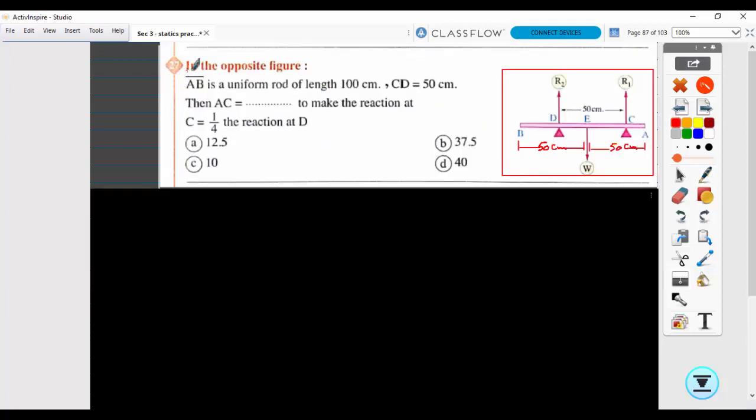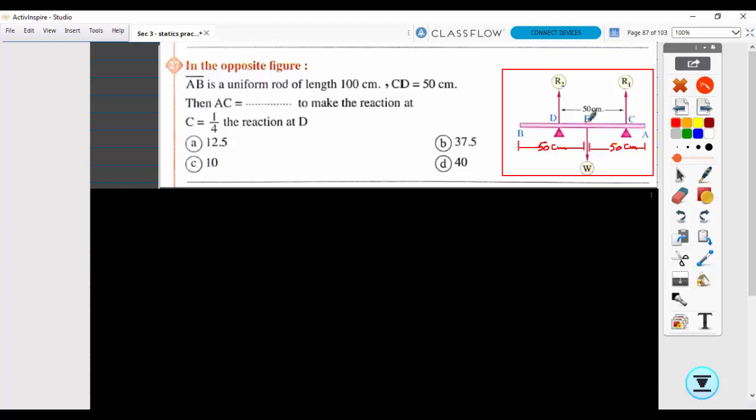Question 27. In the opposite figure, AB is a uniform rod of length 100 centimeters. The rod AB is uniform, so its weight acts on its midpoint.